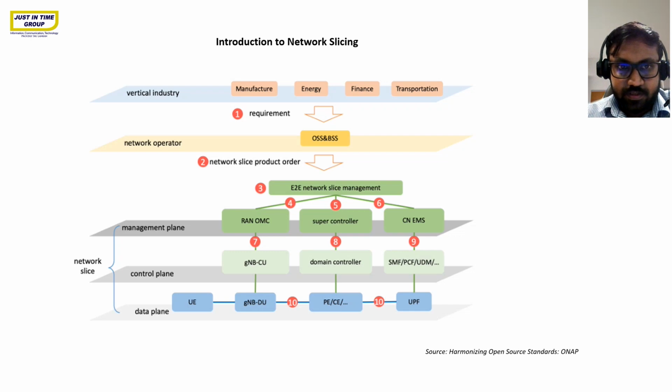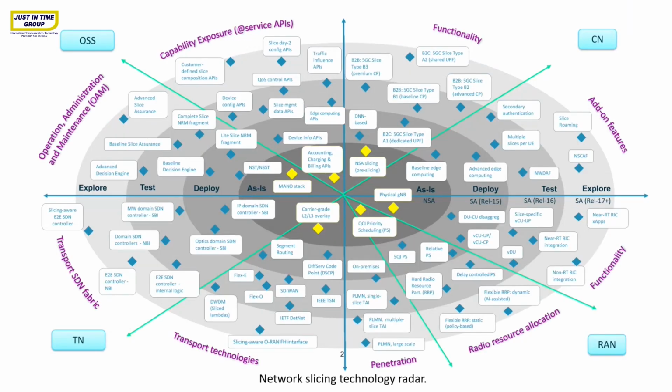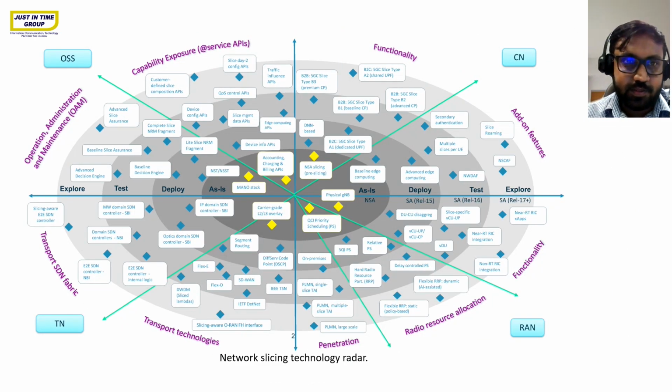Okay, so this is a very broad view of network slicing and where it is from a technology perspective. You can see in the quadrant, on the left side, the OSS domain, and from a network slice management perspective, what kind of things need to happen, and where we are in terms of 3GPP releases and all that.